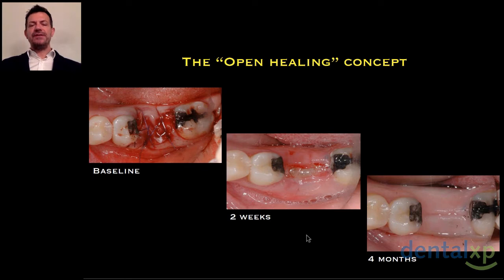We can see in this clinical case, in the first image on the left, the membrane that is left exposed after tooth extraction and grafting of the socket. After 2 weeks, the sutures are removed, and this yellow tissue that we can see is not infection.